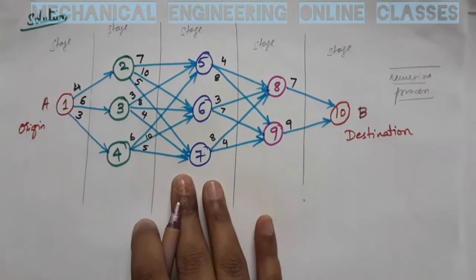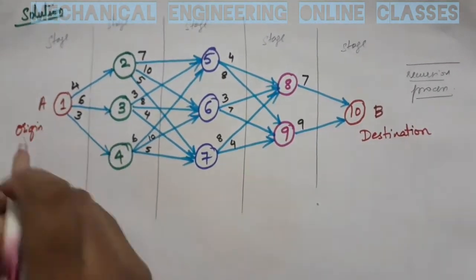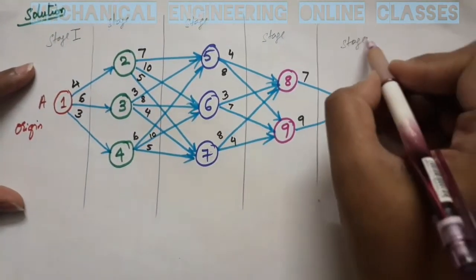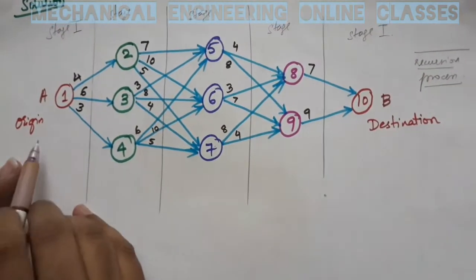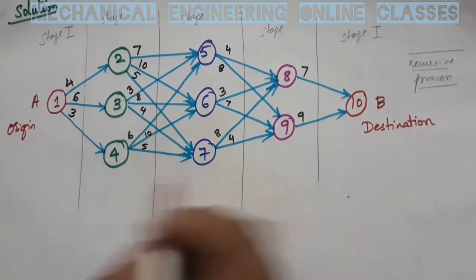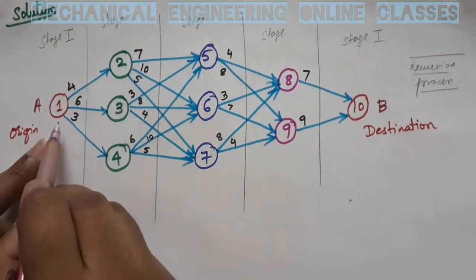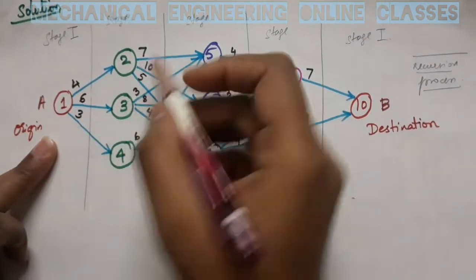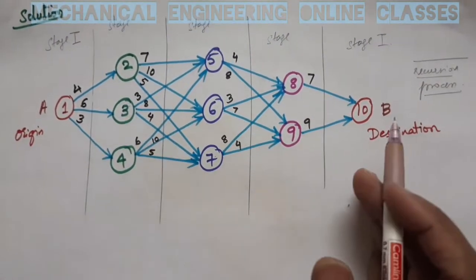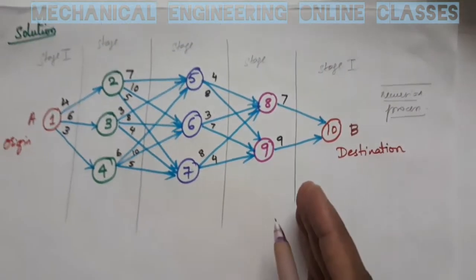In the previous video we have seen that stage 1 is taken to be the origin city and the second stage is with these 3 cities and so on. So that is forward recursion, from origin to destination.